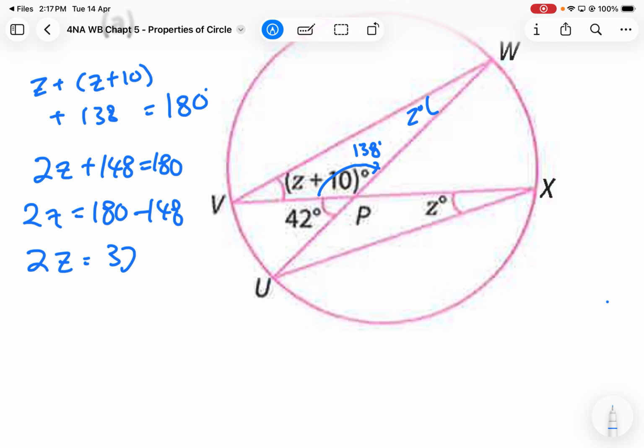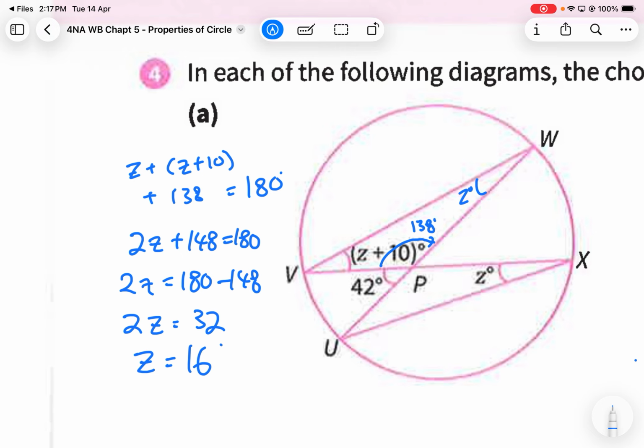The other way also can. Using this horn and this horn, same angle, I can bring Z plus 10 here also. If I use the lower triangle, here will be Z plus 10. Then this straight line over here is 42, here will be 138.